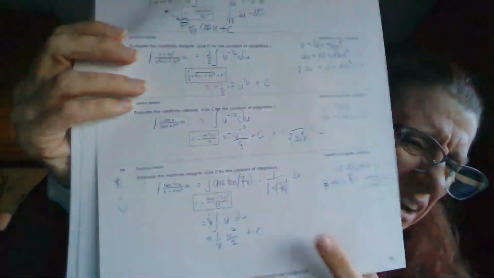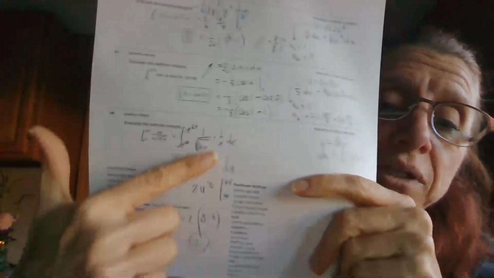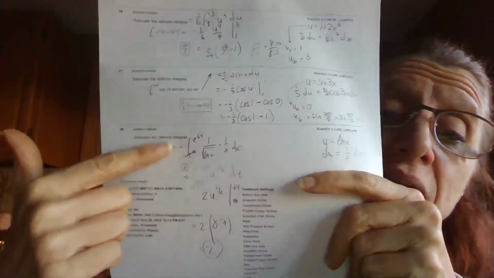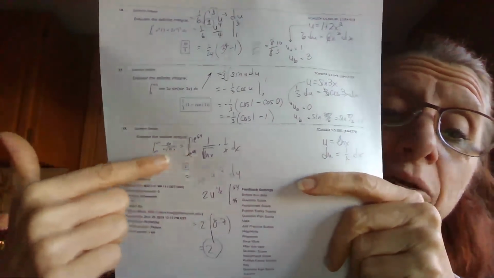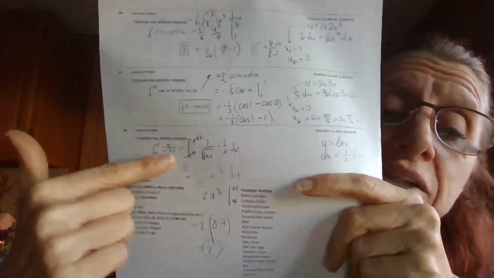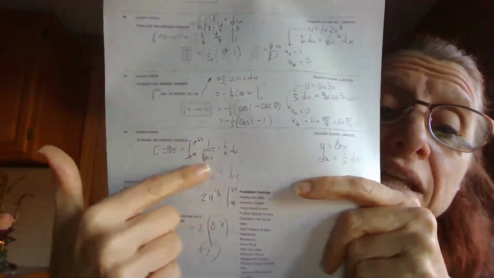All right, now for 18, and I really like that one, question 14, by the way. For 18, what happened here? All right, again recognizing, sometimes pulling things out, breaking it out into two fractions, maybe helps you see.